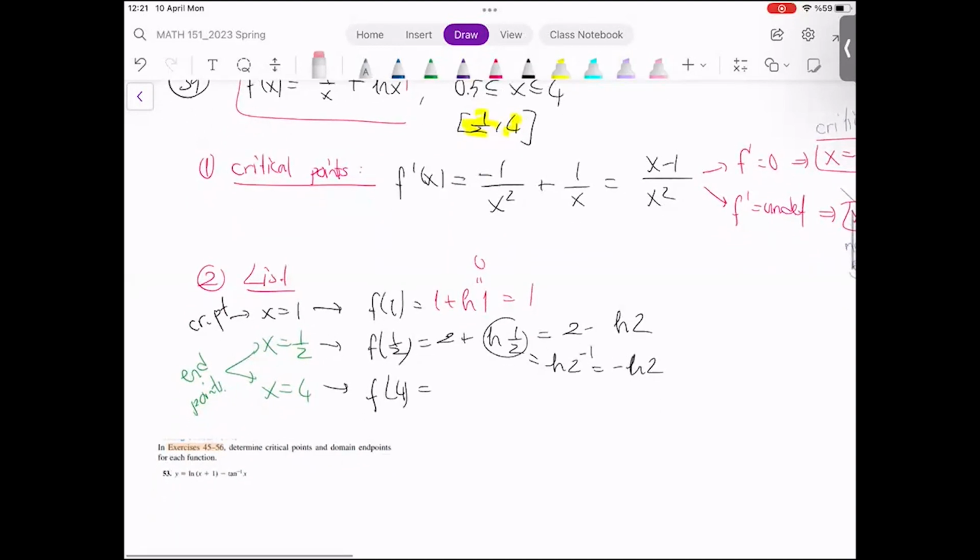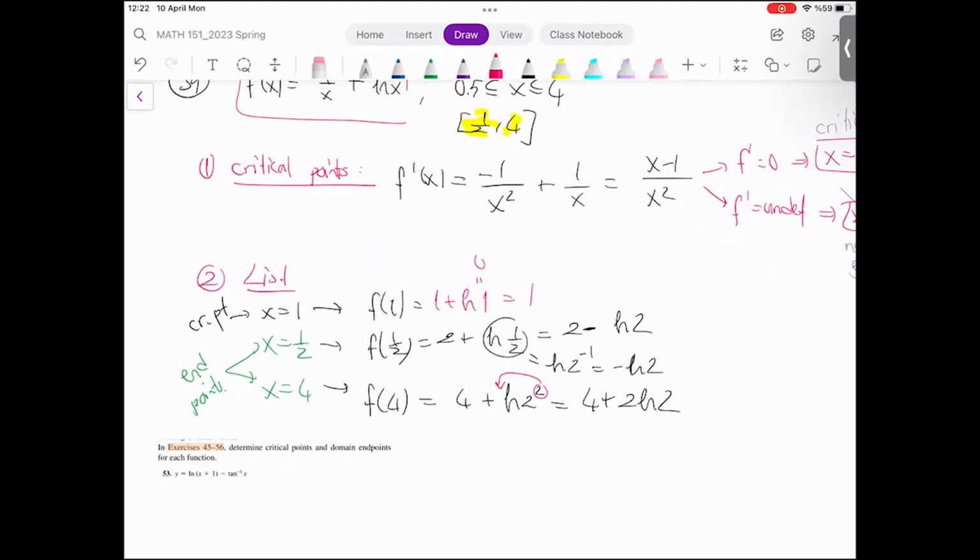And finally, f of 4 is 4 plus ln 2 to the power 2. Let's write 4 like that. And now you can take this power down. ln 4 is 2 ln 2, so 4 plus 2 ln 2. Okay, now from this list, what is the biggest?